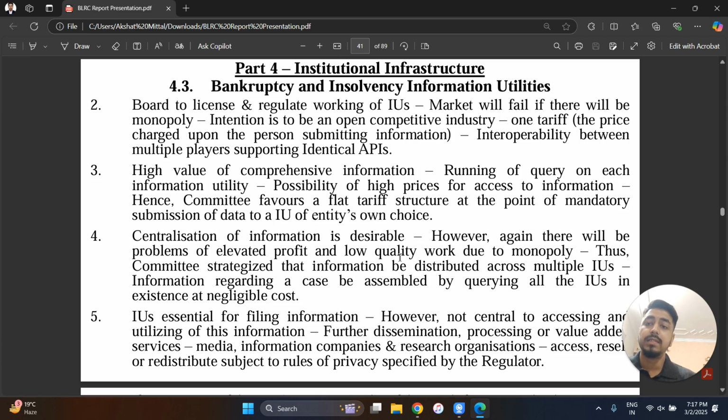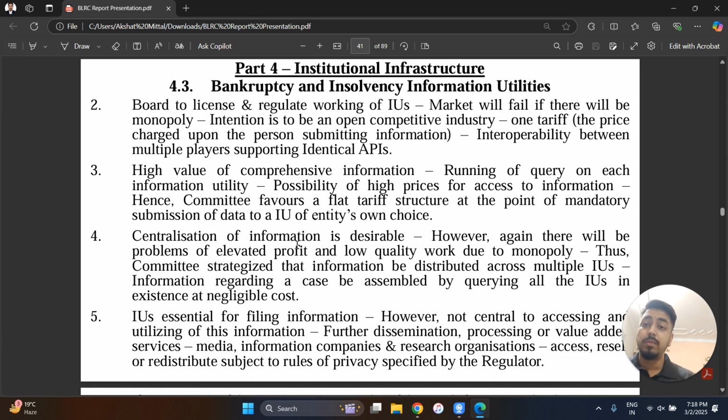These particular information utilities can be a private limited company or public limited company, and their main task is to maintain a system where all the information with regard to the money lending by the banks to a company, the contract on the basis of which the money is being lent, the security interest attached to that contract, what is the date for repayment, and whether or not that particular debtor is paying the timely interest. All such information should be stored in one place so that whenever a claim is filed before the adjudicating authority, he can just knock on the door of the information utility and get the appropriate verified record for better decision making. And that is why this committee has recommended the creation of information utilities.